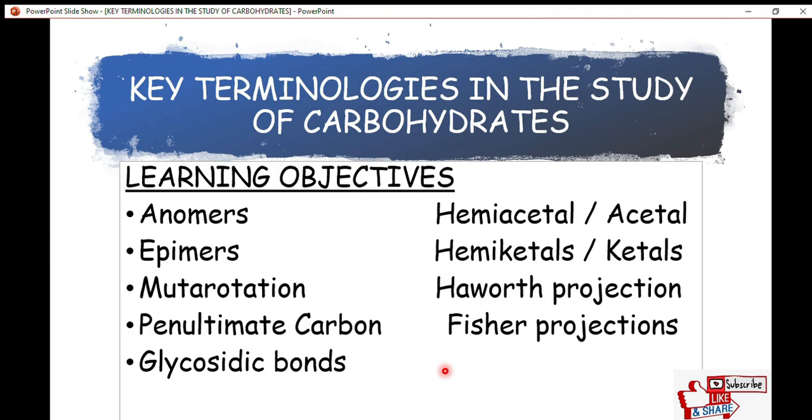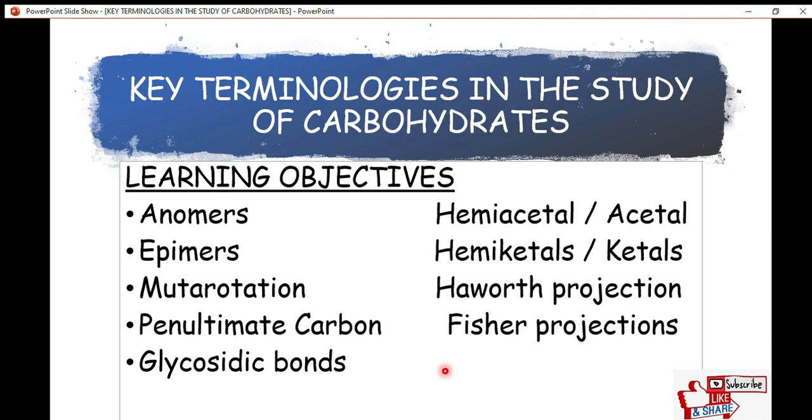In our last video we talked about stereoisomerism, and we talked about enantiomers, diastereomers, meso compounds, and the rest. In the study of carbohydrates, they all apply, so we are continuing with these terms so that carbohydrates will be very easy for us.